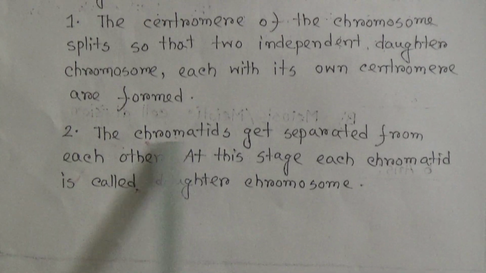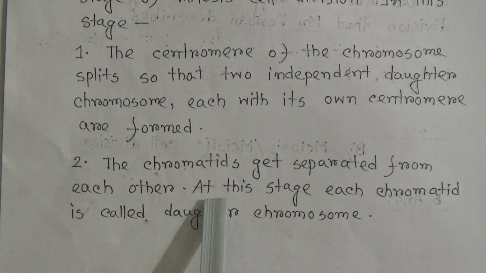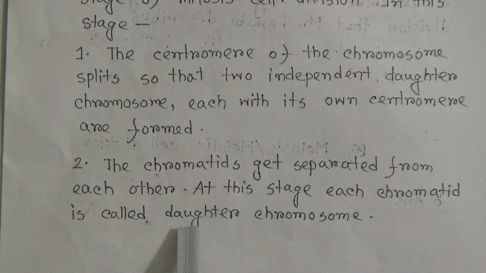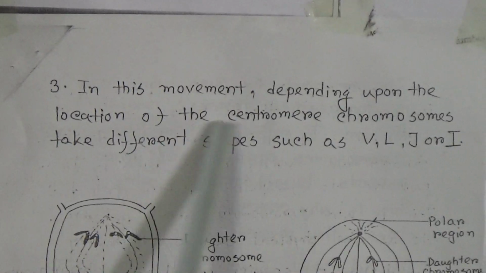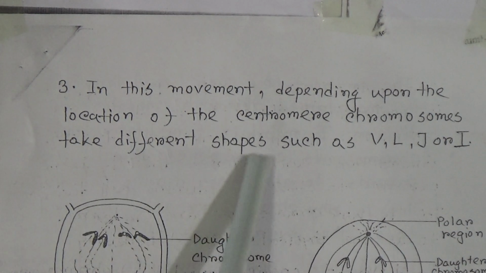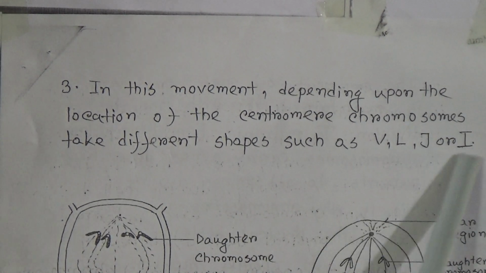And number 2, the chromatids get separated from each other. At this stage each chromatid is called daughter chromosome. And number 3, depending upon the location of the centromere, chromosomes take different shapes such as V, L, J or I.